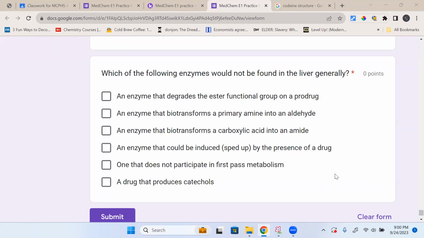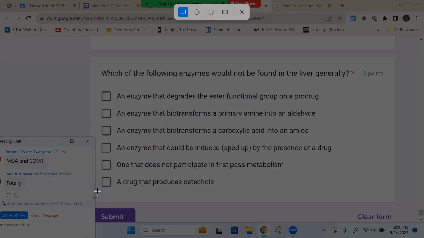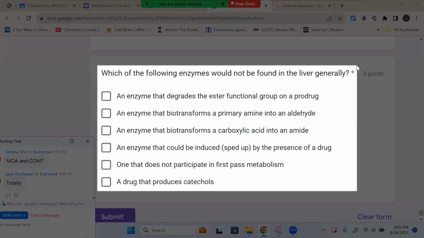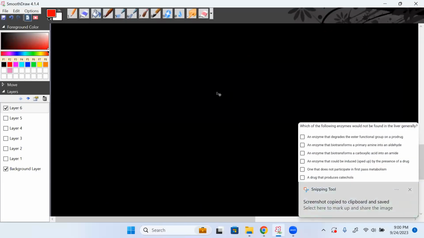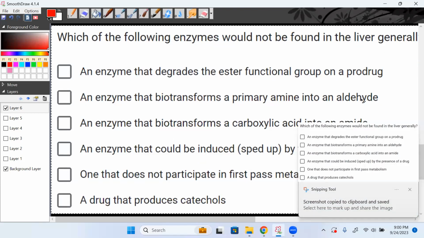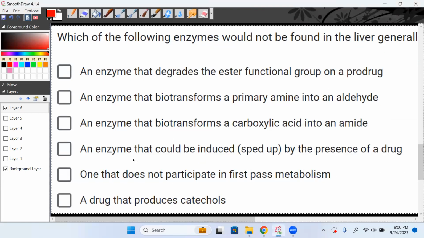All right. Which of the following enzymes would not be found in the liver generally? Someone says a drug that produces catechol. I would 100% agree.